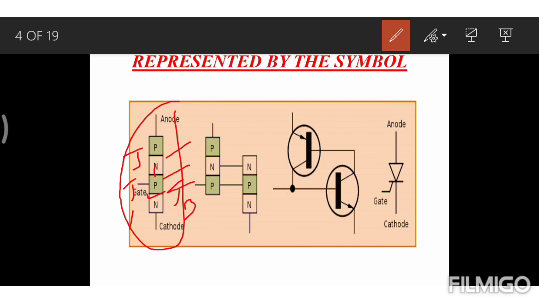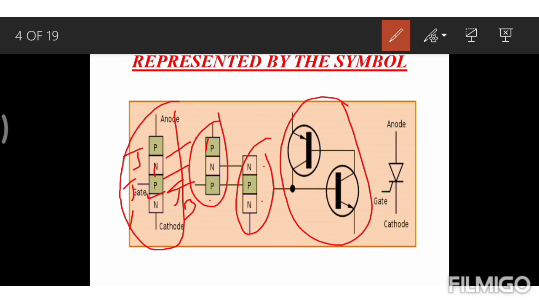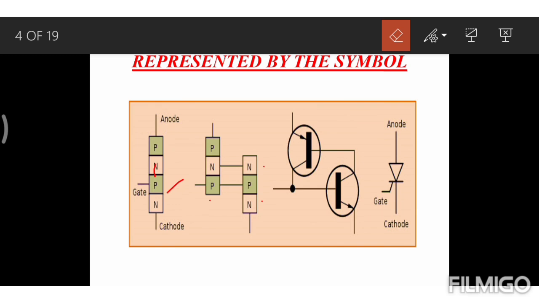Another way we can represent this SCR is by using a 2 transistor model, a PNP and an NPN. Let us consider these 2 as transistors. PNP is one transistor, NPN is the other transistor. By making this type of connection, we can form the 4 layers like the figure we saw in the circuit.